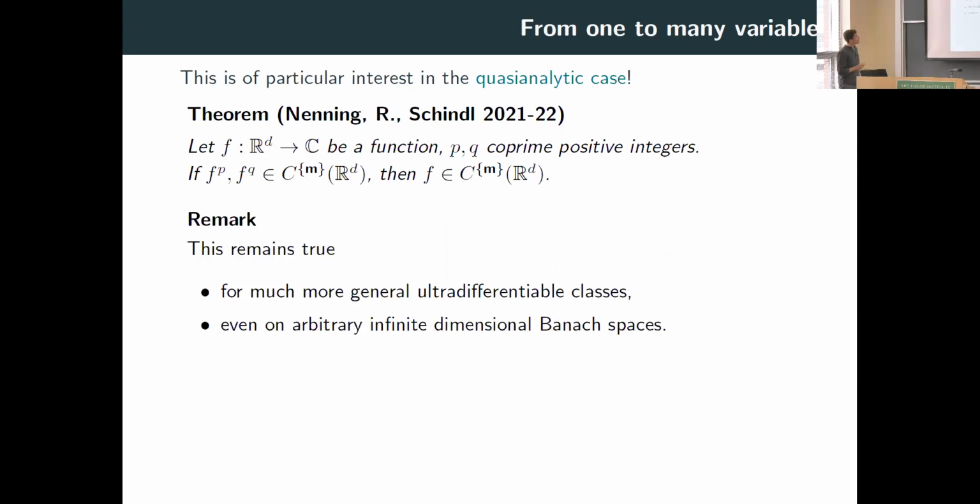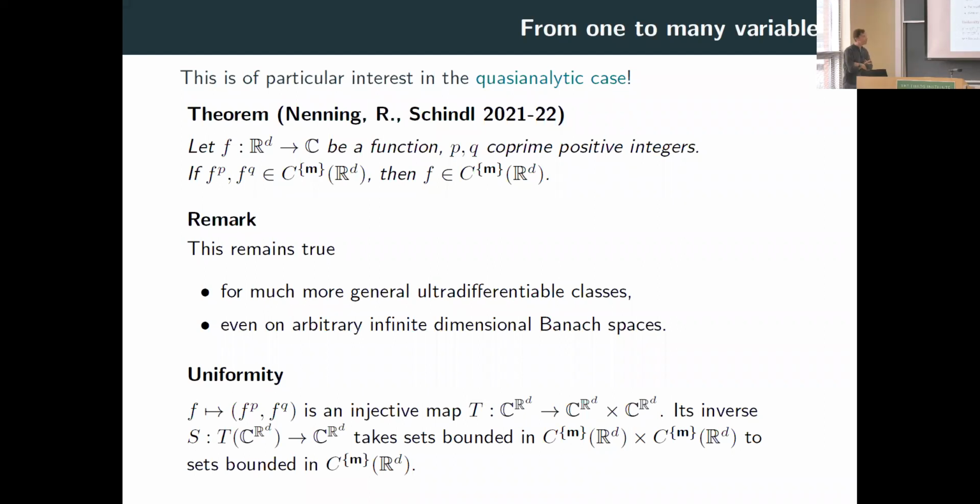And it's even true for more general ultradifferentiable classes. And it turns out that the proof does not only work in any finite dimension, it even works in arbitrary infinite dimensional Banach spaces, and you can even go beyond that. It works even in suitable locally convex spaces.